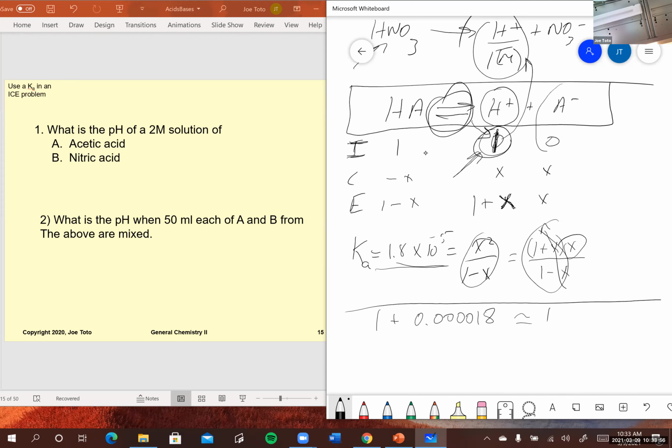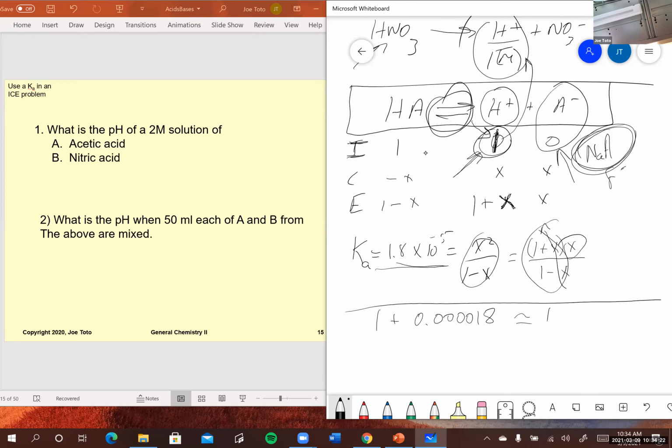But what if it was like a sodium salt? Then that wouldn't be zero. It could be mixed with some sodium, which I know from my solubility rules is completely dissociative, with some A. In this case, it would be acetate, but if it was HF, hydrofluoric acid, then it would be F minus, right? That's what A is.